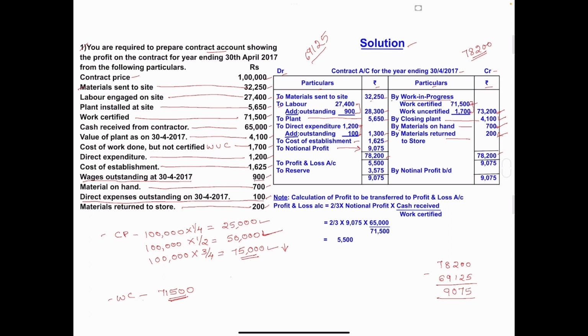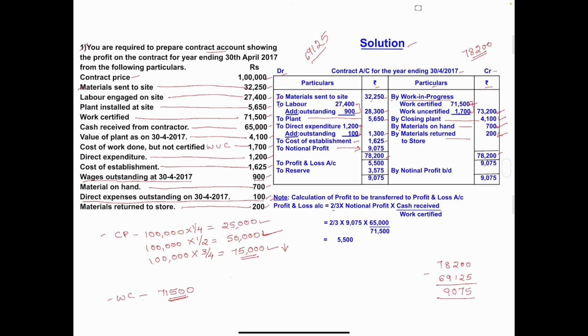So in this problem, the third condition is applied. In the third condition, what do we have to do? We have to transfer two-thirds of notional profit. So the formula for calculation of profit to be transferred to profit and loss account is, the third condition formula: profit and loss account is equal to two-thirds of notional profit into cash received divided by work certified.